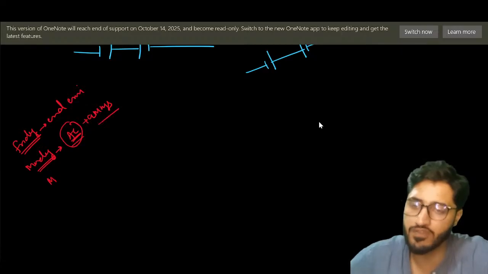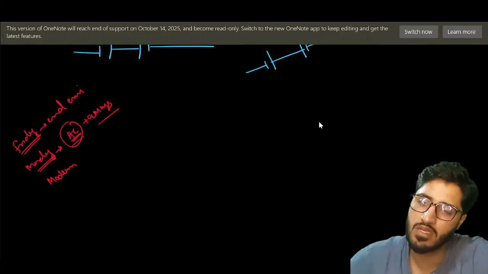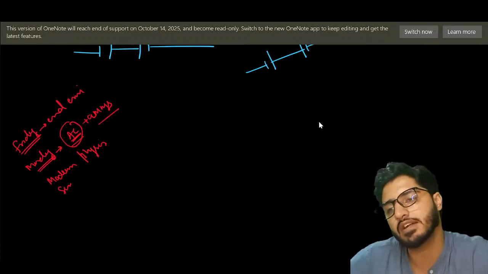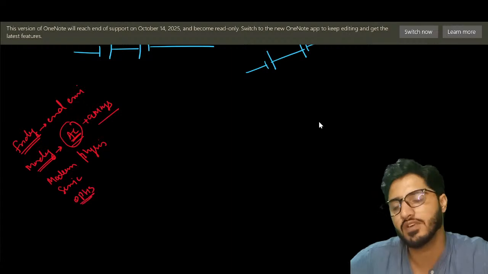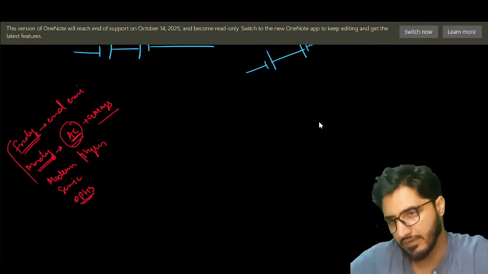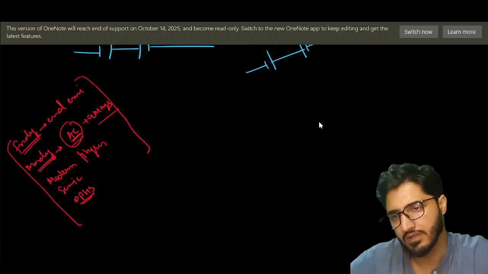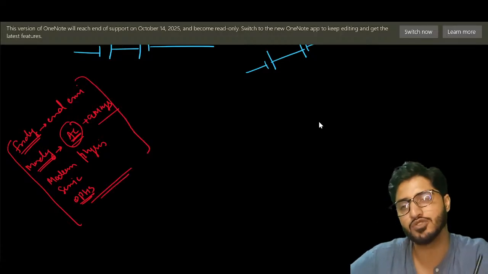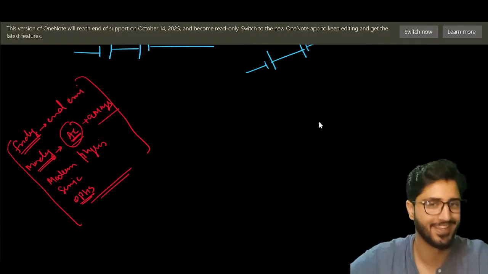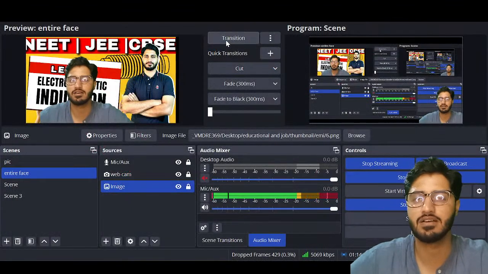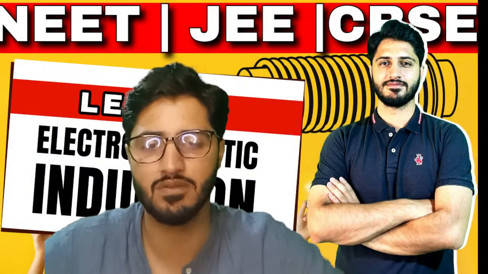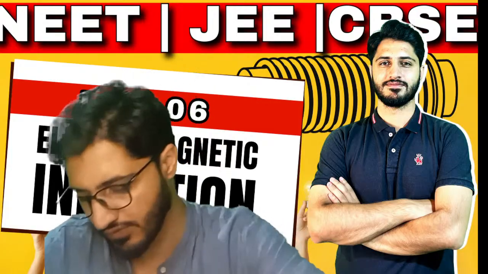Then we will start modern physics. After modern physics we will start semiconductors. Last we will start optics. This is my plan, and I hope I can stick to it. We will complete everything in the syllabus before the time that I have given you.